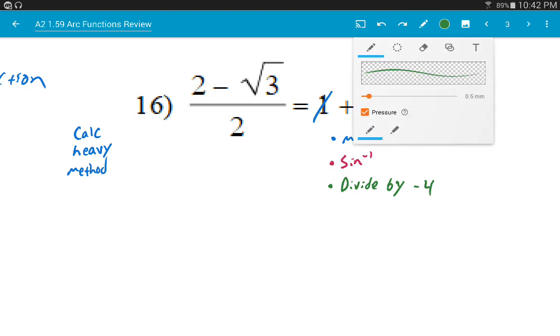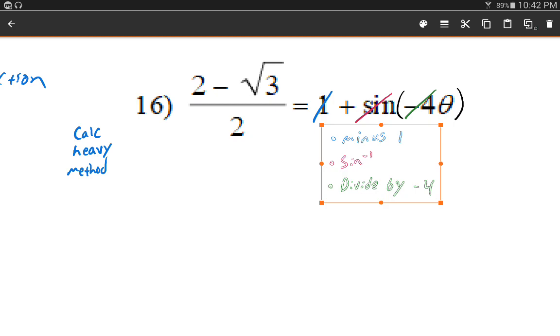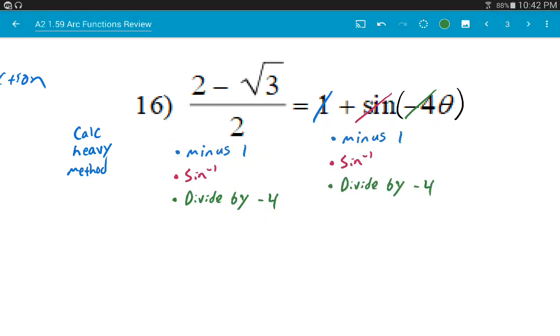So if that's what I would do on the right side, I'm going to have to do the same thing on the left, because that's how equations work. What you do on the right, you must also do on the left. And when I say right and left, I'm talking about the left and right side of the equal sign, right? So if I put a line right through the equal sign, what I do on the right, I must also do on the left.